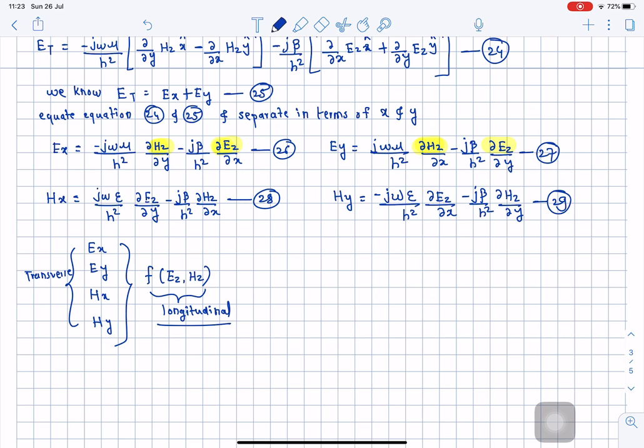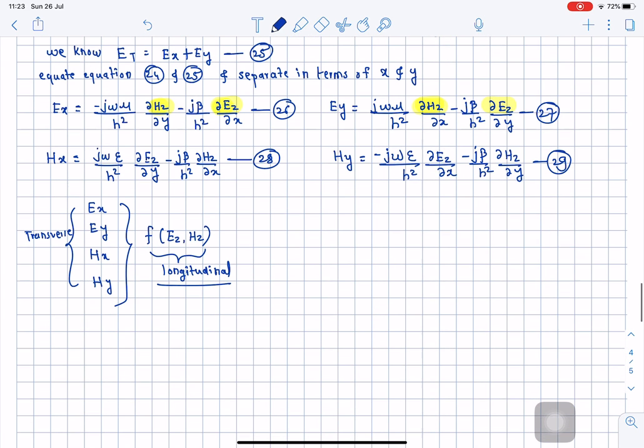So here we have found four equations for the transverse field components, given by Ex, Ey, Hx and Hy.